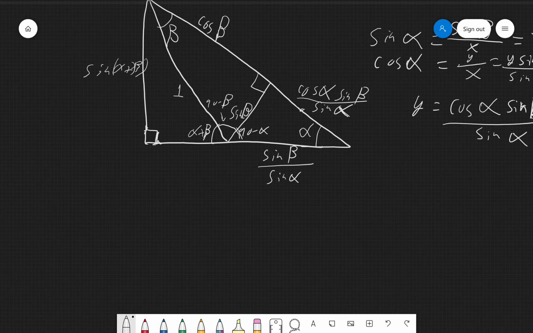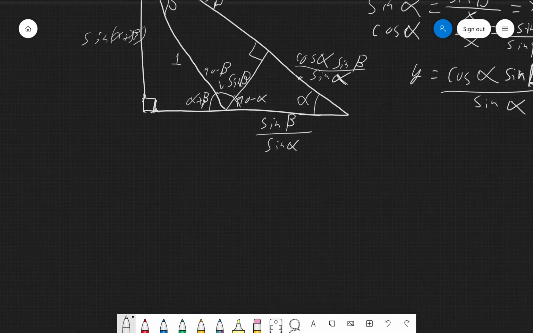So the sine of alpha is opposite, which in this case we don't know, over the hypotenuse, which is cosine of beta plus cosine of alpha times sine of beta over sine of alpha. So now I'm just going to write that up.